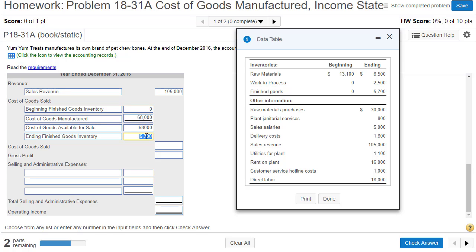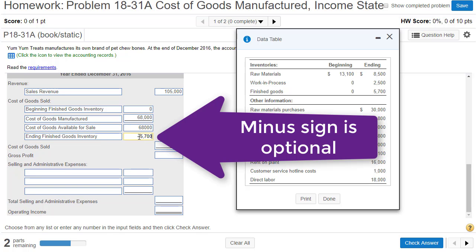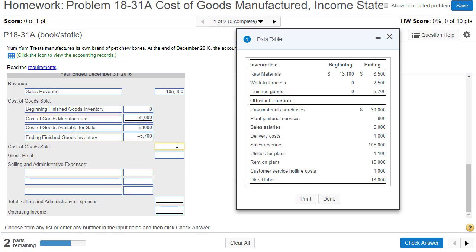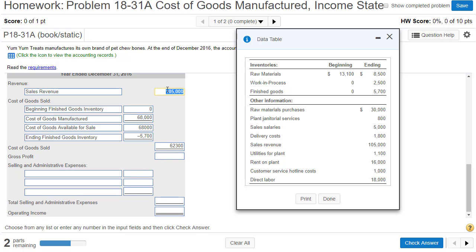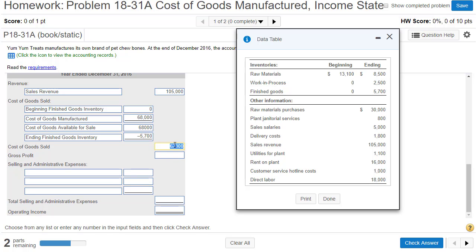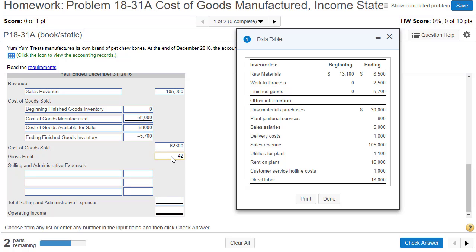So how much did we sell? It's the difference. We're going to take 68,000. We're going to subtract 5,700, gives us cost of goods sold of 62,300. All right. Now, gross profit is just simply the sales revenue minus your cost of goods sold. Subtract those two, you get 42,700.